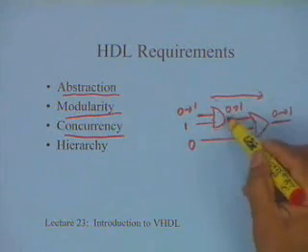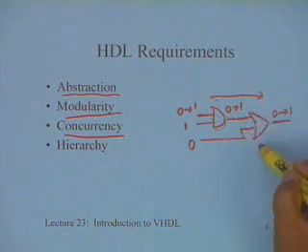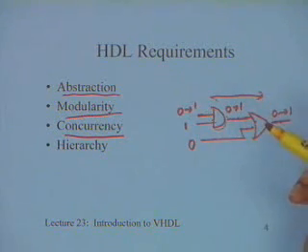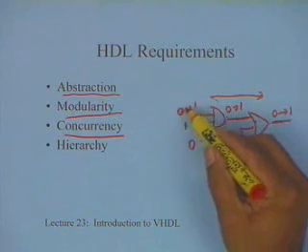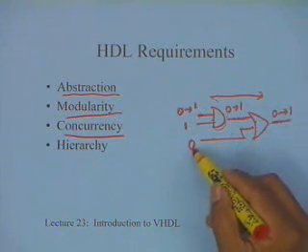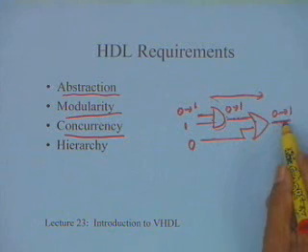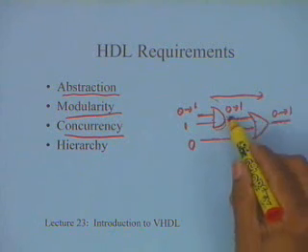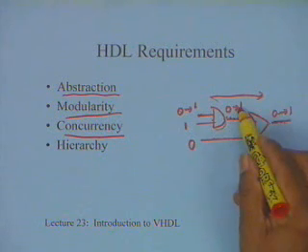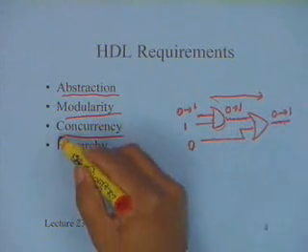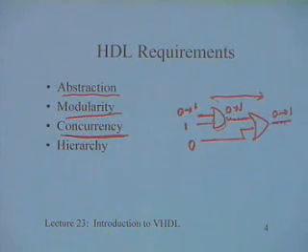There is a delay over here, and because of that there will be a delay here. But as such, both these components are active concurrently. Because at the time when this became 0 to 1, the output will come immediately. It will not even wait for this 0 to become 1. So this is a very important thing: all hardware is concurrent, so your language should support concurrency.